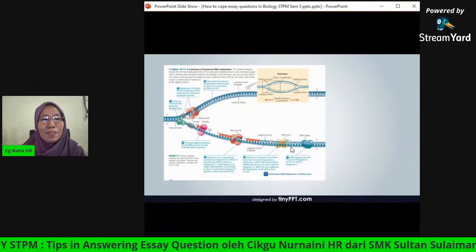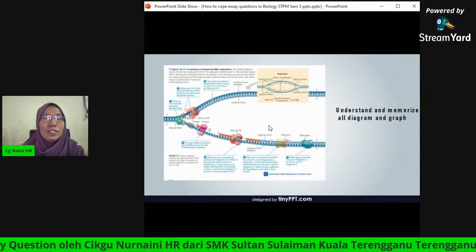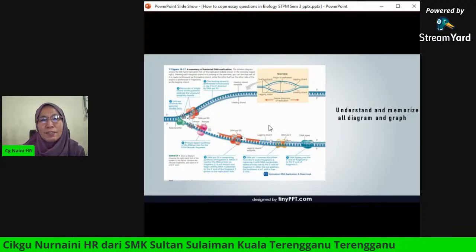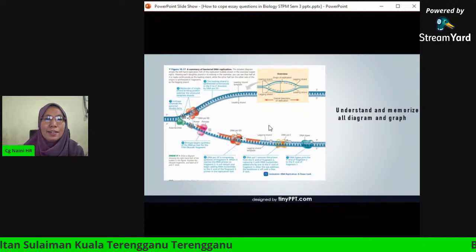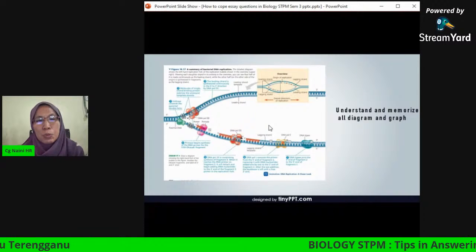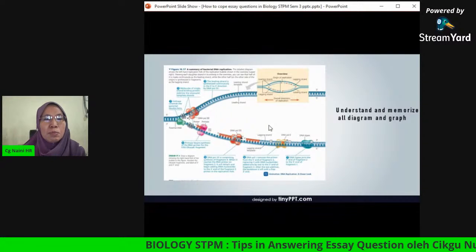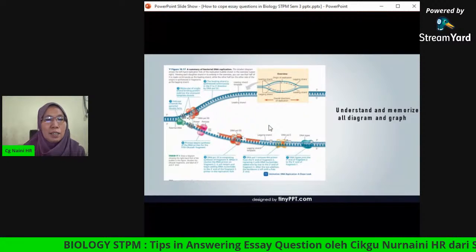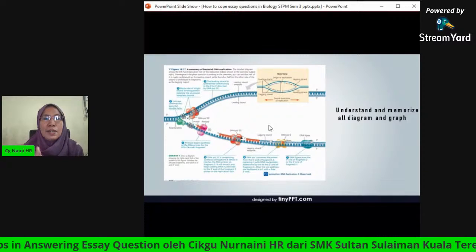If there is a diagram or graph, you must understand and memorize it, because diagrams and graphs are used in structure questions where you must label and explain the process of the diagram or the graph.